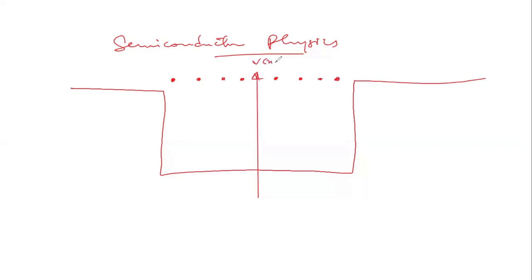So this is V of X. So we'll have that this comes all the way, and this comes all.